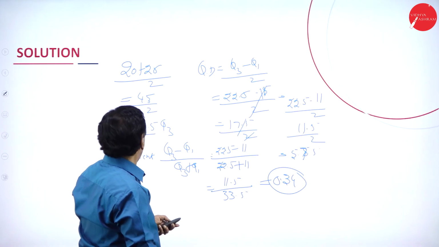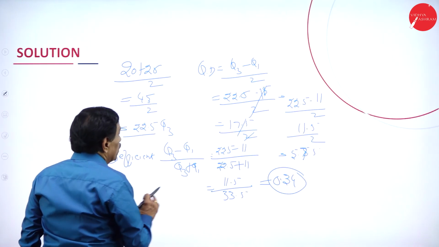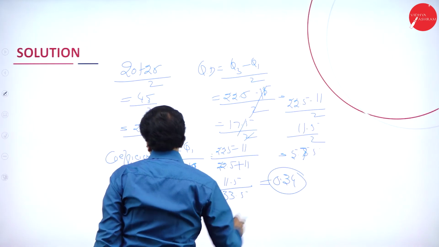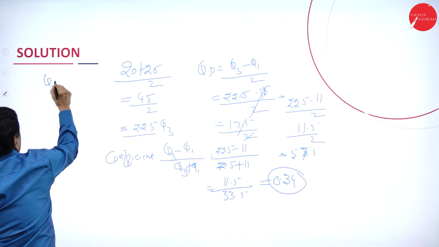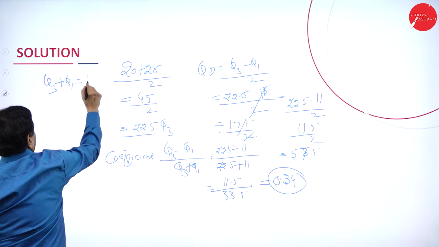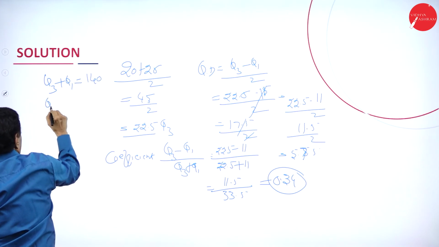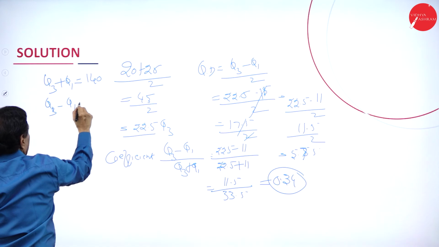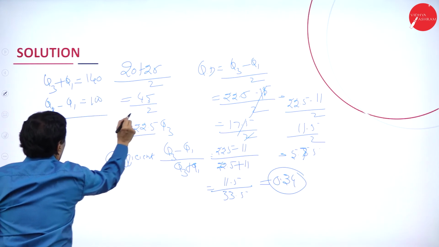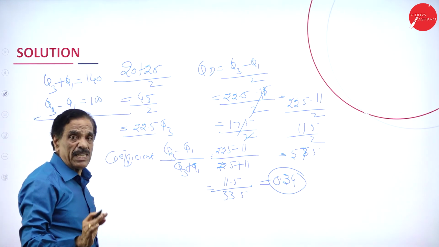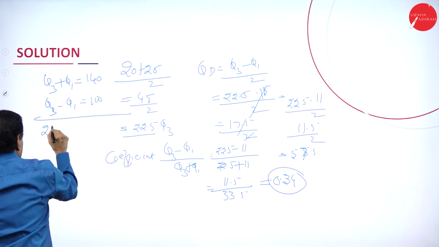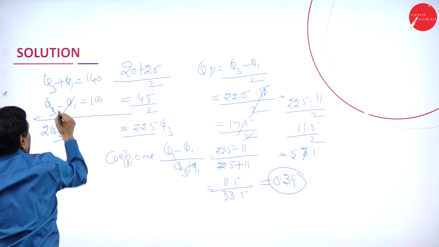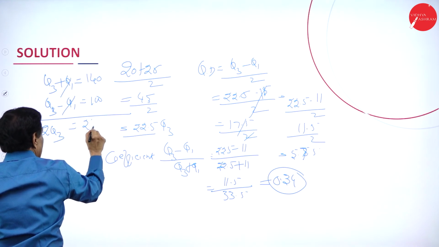If you want, I can repeat here. You know that Q3 minus Q1 formula. Here we can apply that one. Q3 plus Q1 is 140. Then Q3 minus Q1 is 100. By adding the number, but once again I will repeat, if you have got confused, by adding the number, it becomes 2Q3. This cancelled out. It becomes 240.